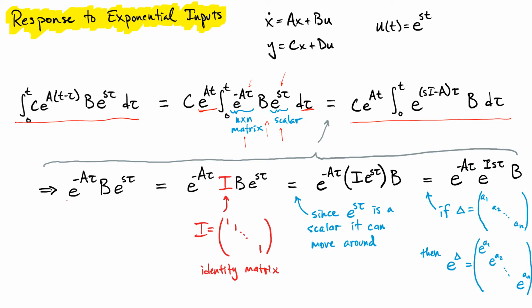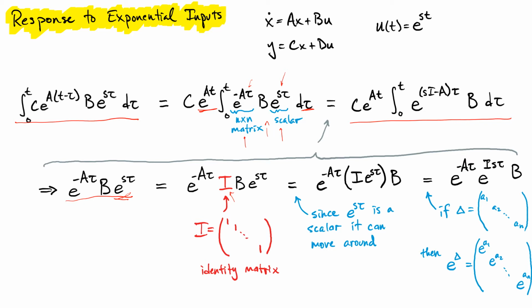Let's take a look at this particular quantity that's now inside the integral. We're going to insert the identity matrix in here. This is a little trick that we use a lot to take something that is a scalar and make it into a matrix.